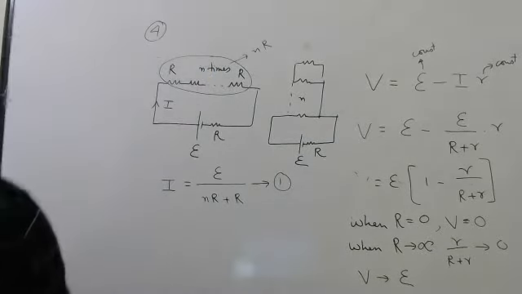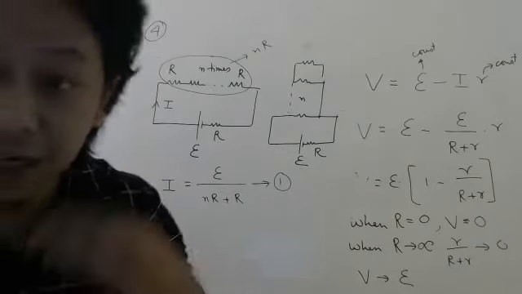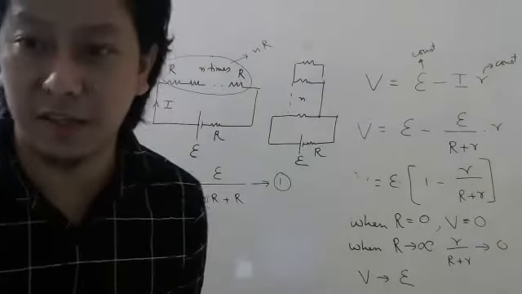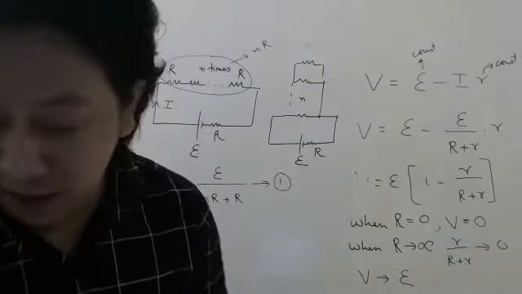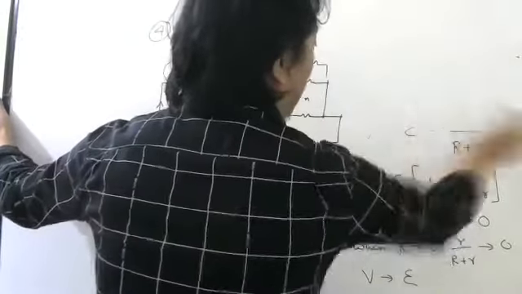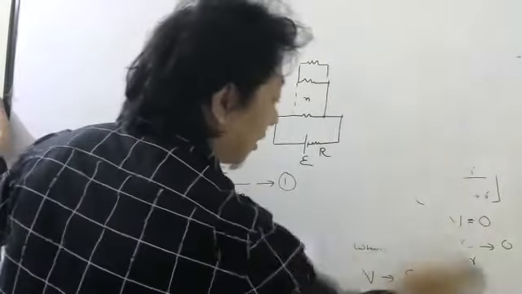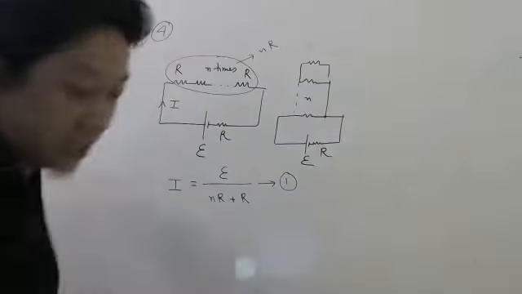Now the current flowing, they are saying, increased 10 times. Of course the current will increase. Why? Because in parallel resistance decreases. R and R in parallel will be R by 2. So current will obviously increase.